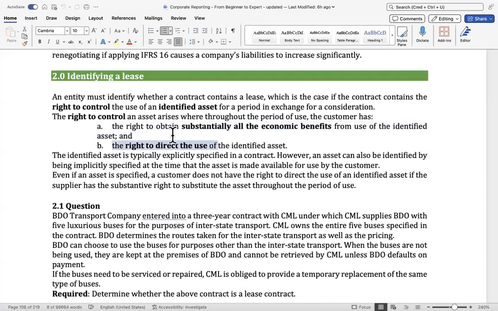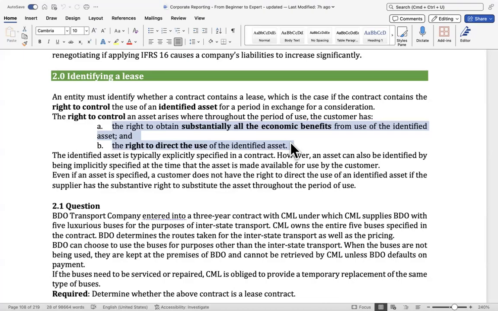Note that for these two items to be possible, there must be a specific asset that we can point to and say, okay, this is the asset that we have conveyed to the lessee. It's very important.